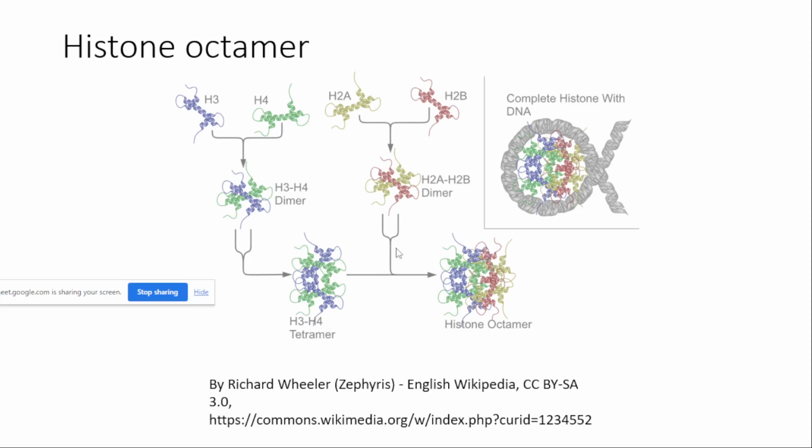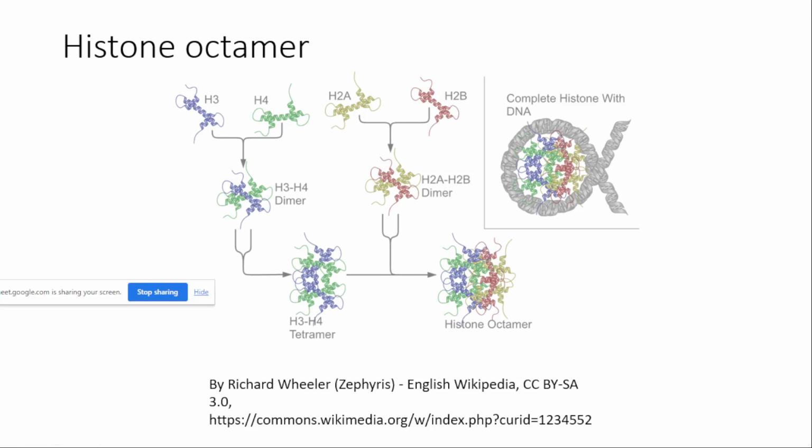When this H3H4 tetramer binds with the H2A H2B dimer, it forms a histone octamer. That is how the histone octamer is formed.